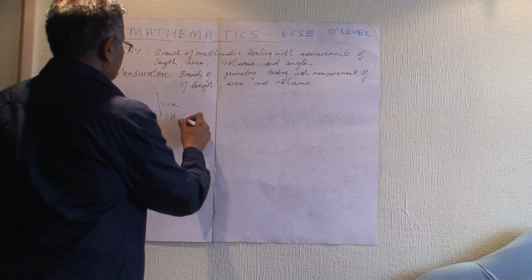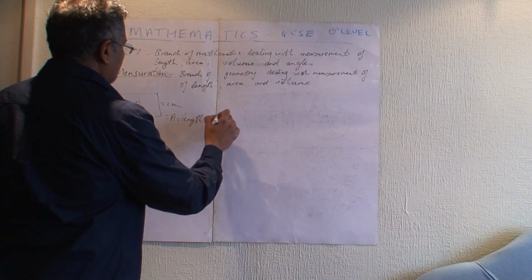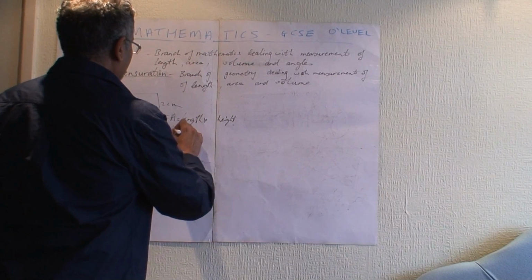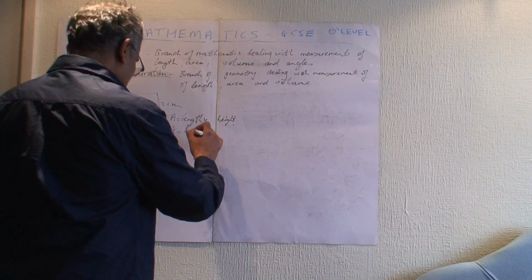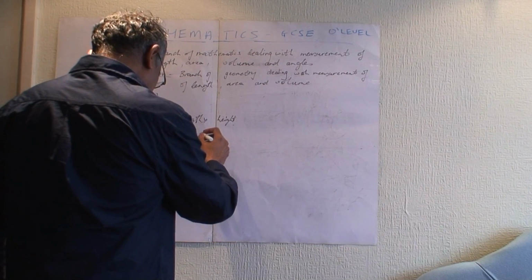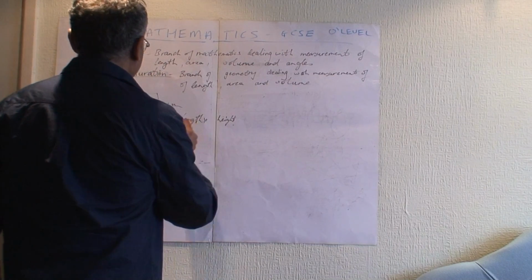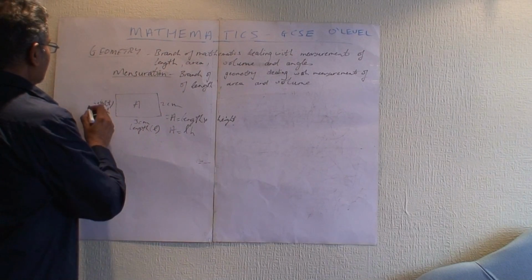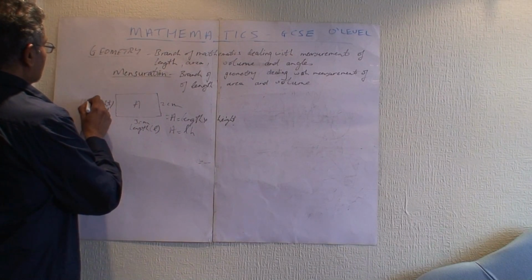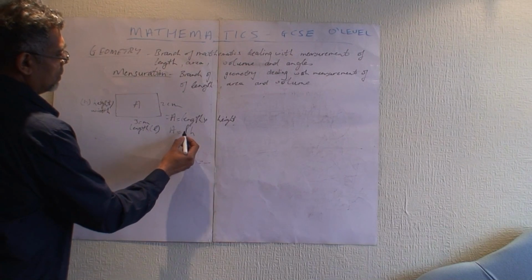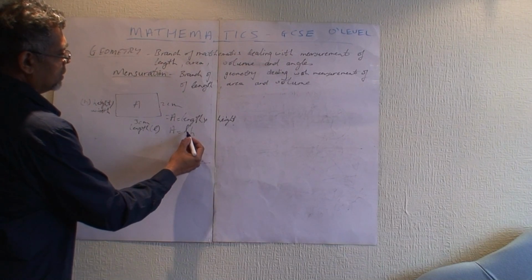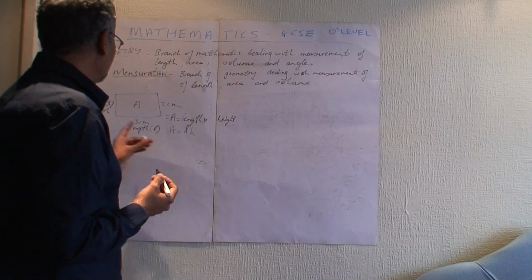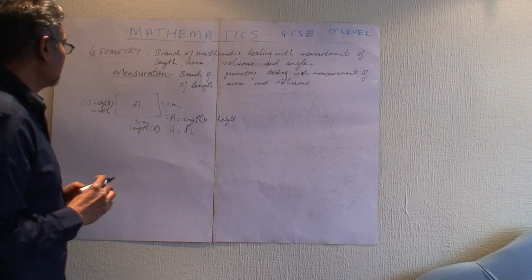So it's length multiplied by height. The length is represented by the symbol l, and the height by the symbol h. When we see these symbols together, there's a multiplication in the middle. So area is equal to length multiplied by height, or width, depending on what it's called.